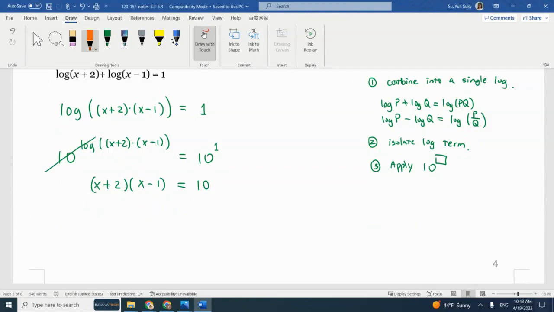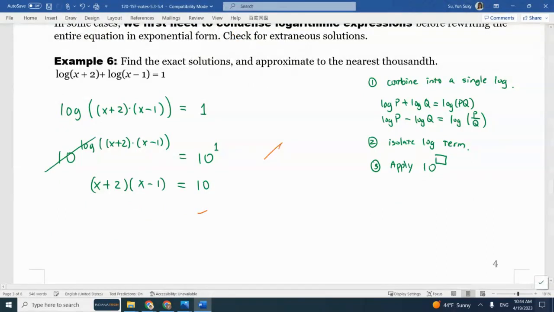Okay, so distribute. Kayla, when we distribute, what do we get? Sorry, my word is not responding. Oh, is it because no battery? Okay, let me try.